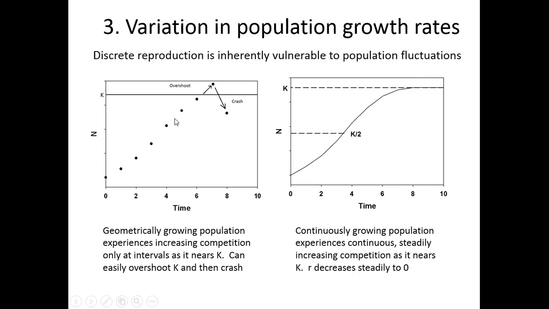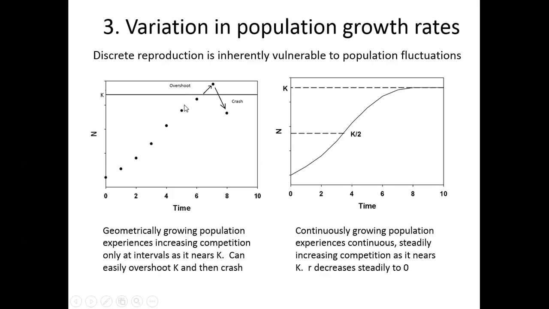Contrast that with what's going on in the geometrically growing population. Okay, you don't get that smooth application of brakes. You don't get the smooth slowing down due to competition. Competition is increased in year 6 right here relative to year 5.